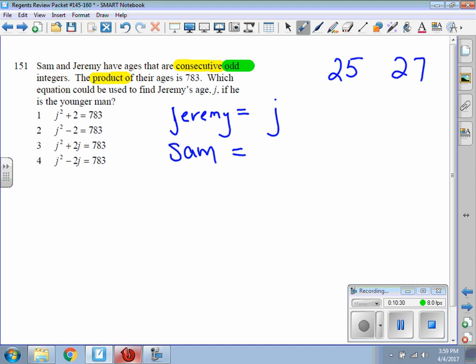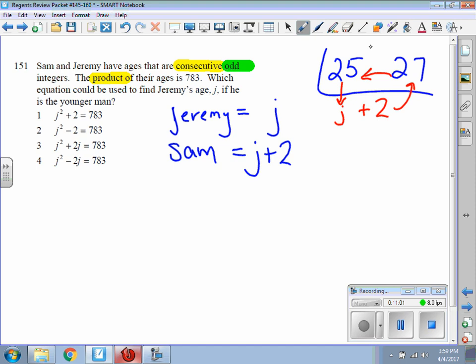So using these as an example, how do we get from 25, pretend that's J, to 27? Well, 27 is 2 more than 25. So if I add 2 to Jeremy's age, I would figure out the next consecutive odd integer. So I'd say J plus 2 is Sam's age.